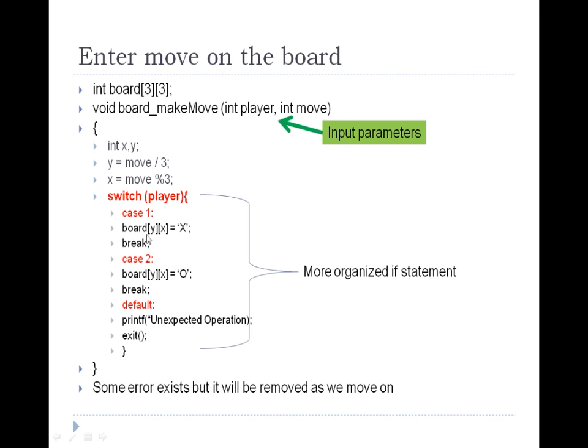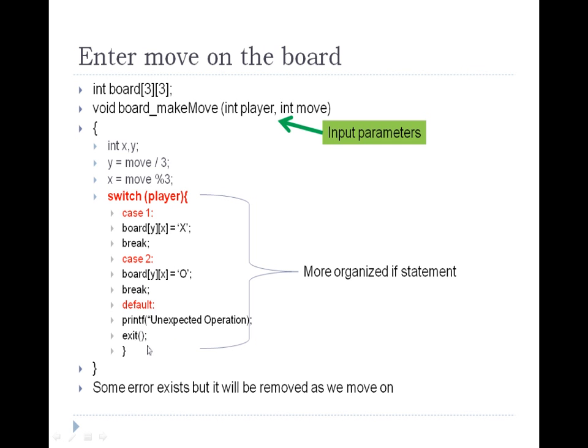Default means that if it's neither 1 nor 2 but something which is not covered in the cases, then it goes to the default. The number of cases, for example, can be 1, 2, 3, 4. In our case we just have 2 players, but suppose there are values like 100, 200, whatever. There is no limit on the number of cases that you can have for a switch.